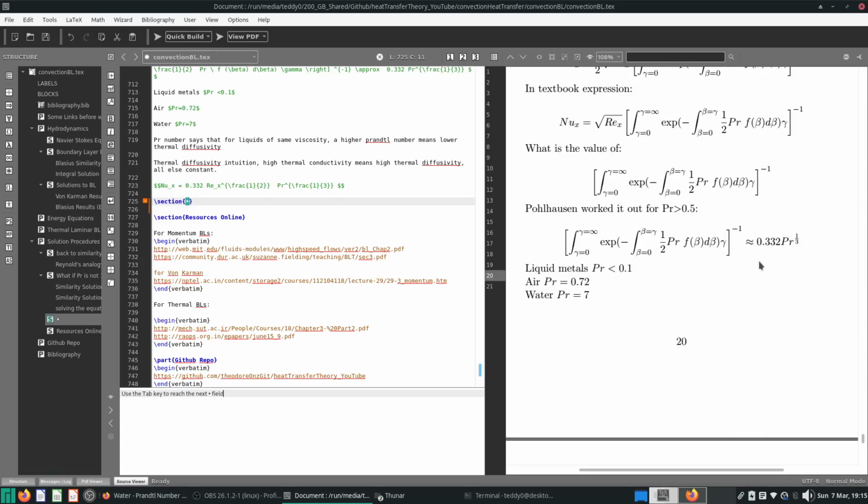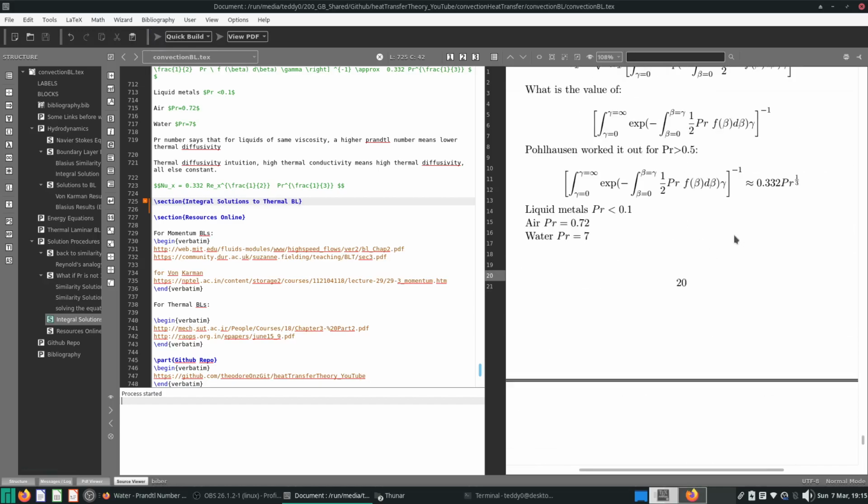The next part will be integral solutions to the thermal boundary layer. Then of course we'll probably want to compare these two.